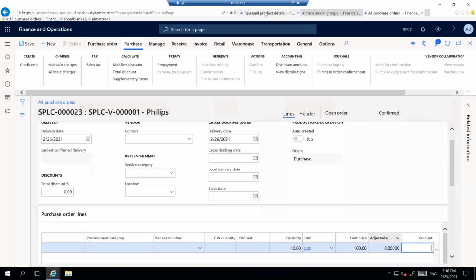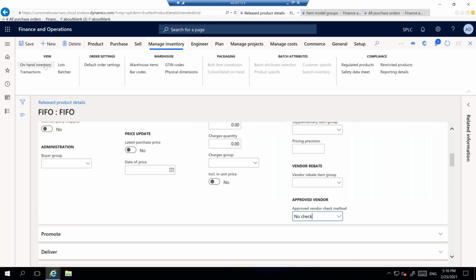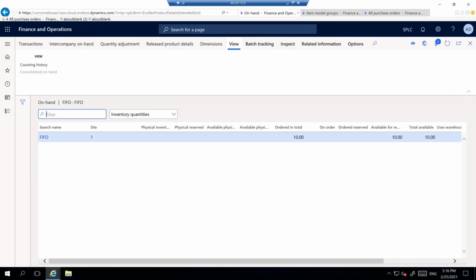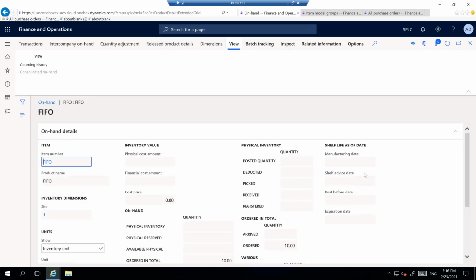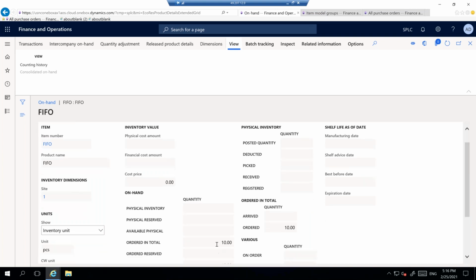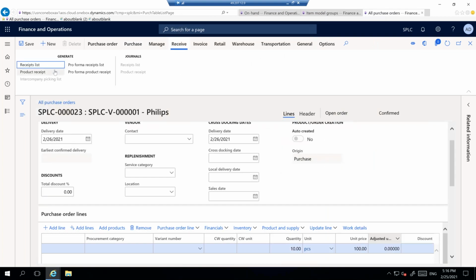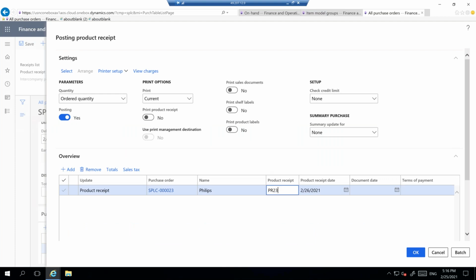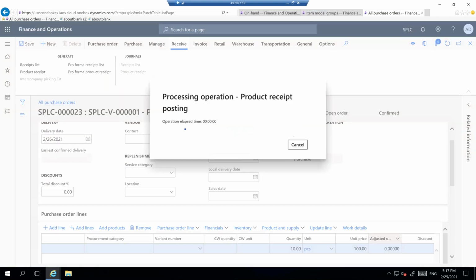Now if you verify released product on hand inventory, lead time scenario, we need to collect from the vendor. Vendor dispatch document number.